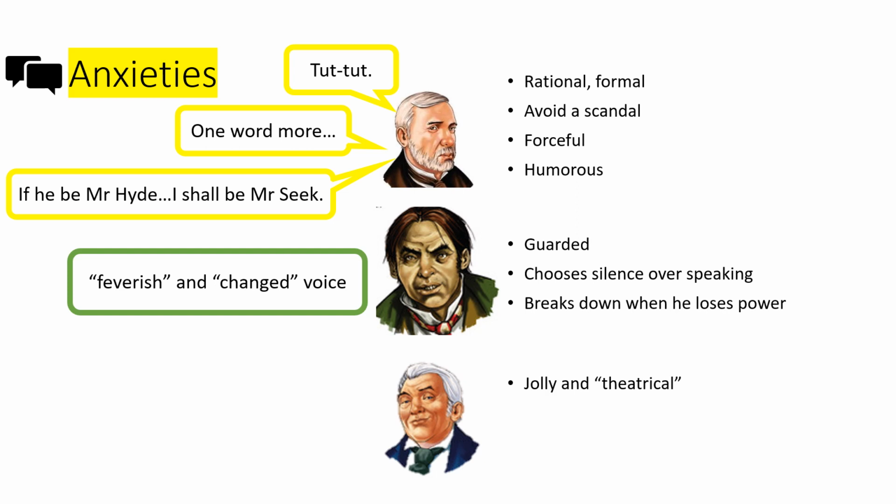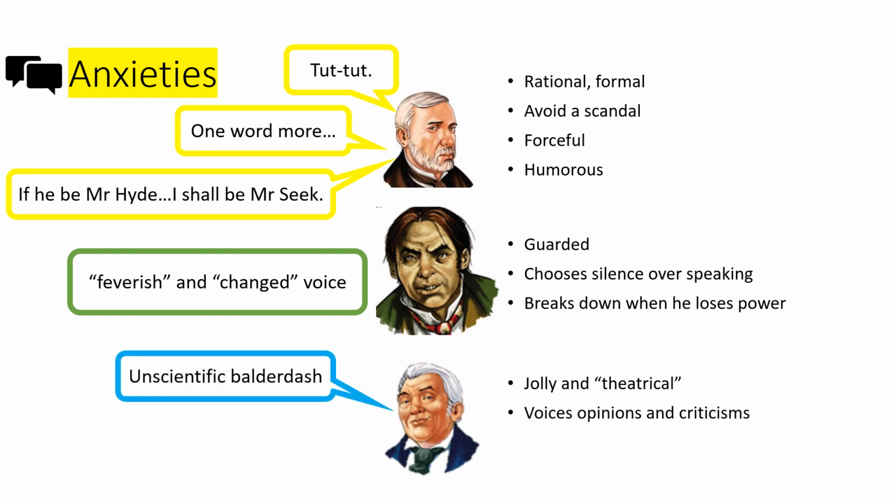So we come on to the jolly and theatrical Dr. Lanyon lastly. His dialogue is quite jokey, and he makes a joke about being one of Jekyll's oldest friends, and he chuckles. He also voices opinions and criticisms later on in the novel, accusing Jekyll of "unscientific balderdash" with a little spirit of temper.